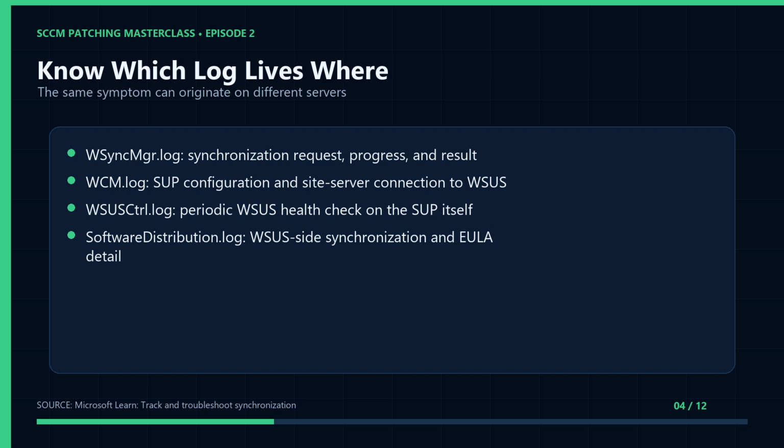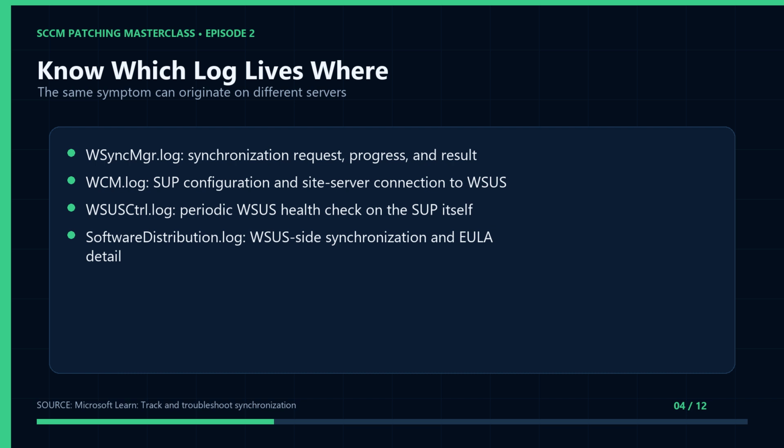A 503 can reflect an unavailable or overloaded WSUS application pool, but do not copy a memory value from another environment without capacity review. First prove the app pool stopped, recycled, or exhausted resources. Correct the supported IIS or resource cause, then run WSUS health checking and one Configuration Manager synchronization.